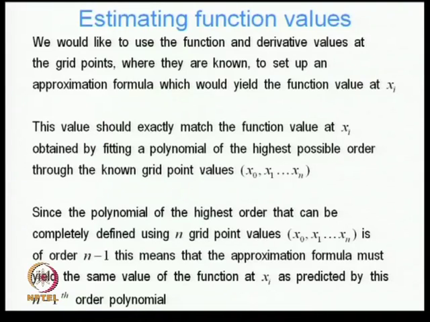This means that the approximation formula must yield the same value of the function at xi as predicted by this n minus 1th order polynomial. So, if I fit the highest order polynomial, the value that it would predict at xi must be given by my approximation formula.